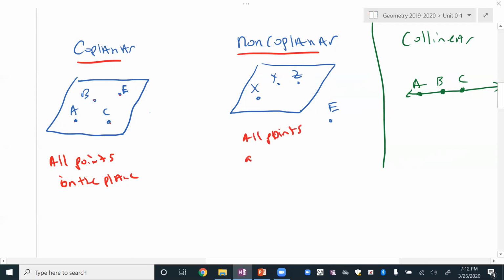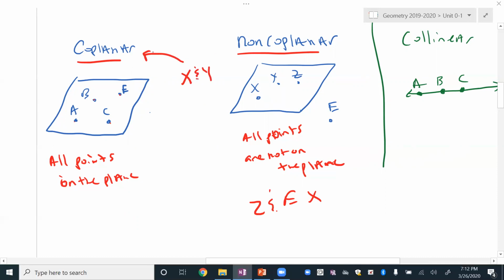What you need to understand is that if I say a combination, are Z and E both coplanar? No, because E and Z are going to be non-coplanar. If I say X and Y, are they coplanar or non-coplanar? X and Y are going to be considered coplanar because they're both inside the same plane. Okay? So that's a few examples you can go ahead and use.